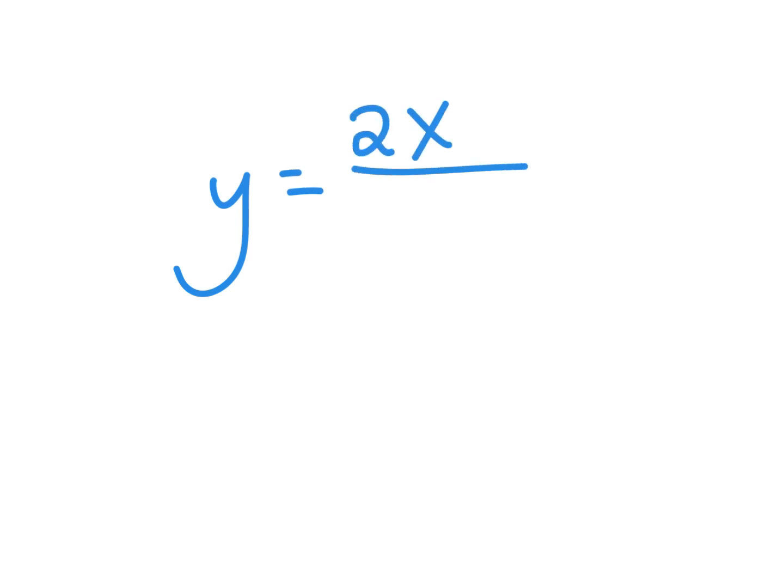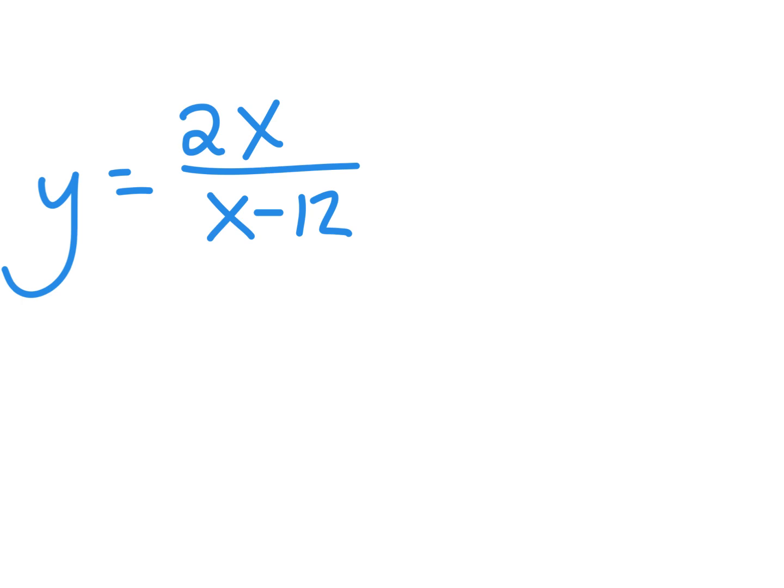Okay. So let's see if you really got this, because if you do, we're pretty much done for today. You ready? Y equals 2x over x minus 12. I'd like to know what the vertical asymptote is, the horizontal asymptote.